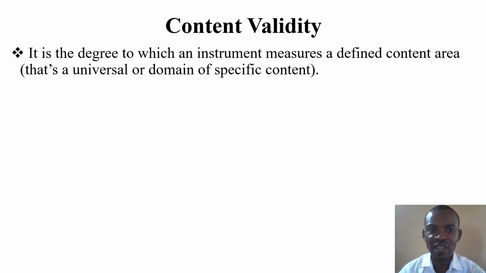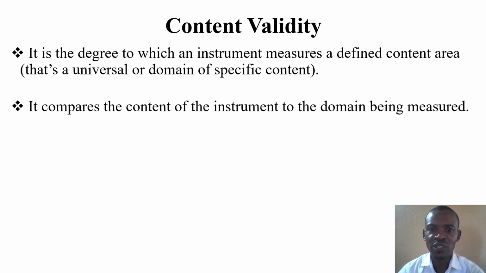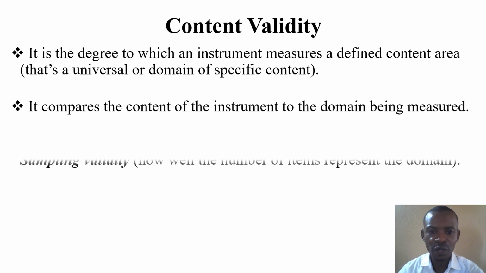So content validity is a degree to which an instrument measures a defined content area or domain of specific content area. That tells that content validity compares the content of the instrument to the domain being measured. That is, whatever is in the content of the instrument will be compared to the definition of that domain being measured.